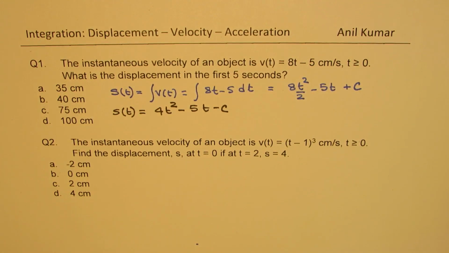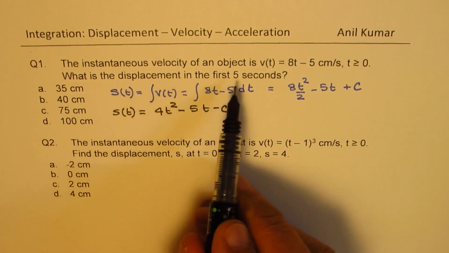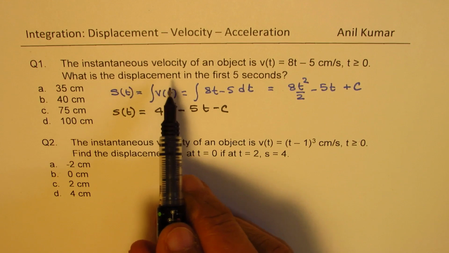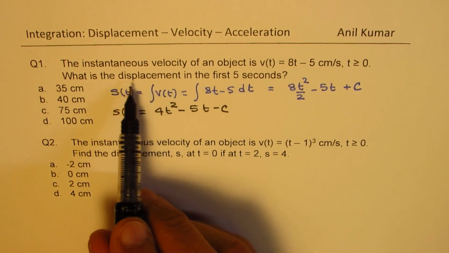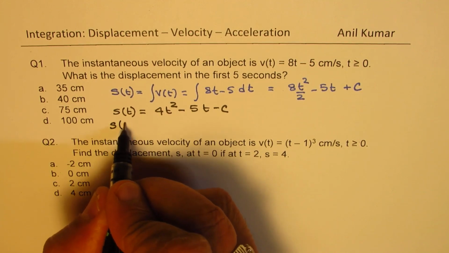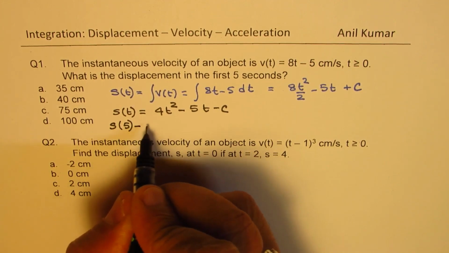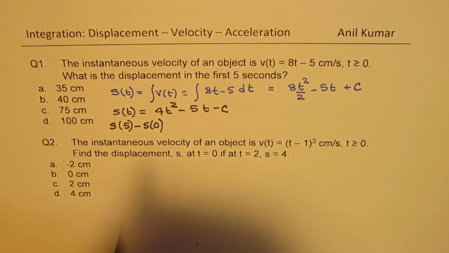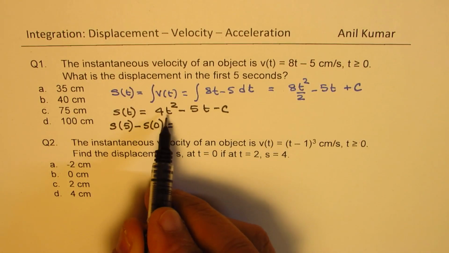Now we're talking about displacement, that means from 0 to 5. So what we'll do here is find s of 5, and from that we'll take away s of 0, right? That is what we are going to do. So we'll substitute the value 5 here.